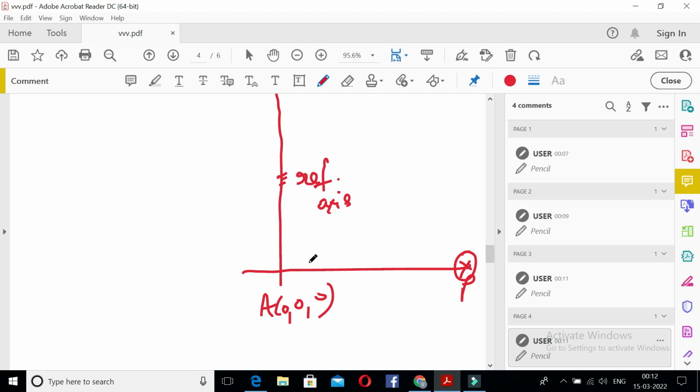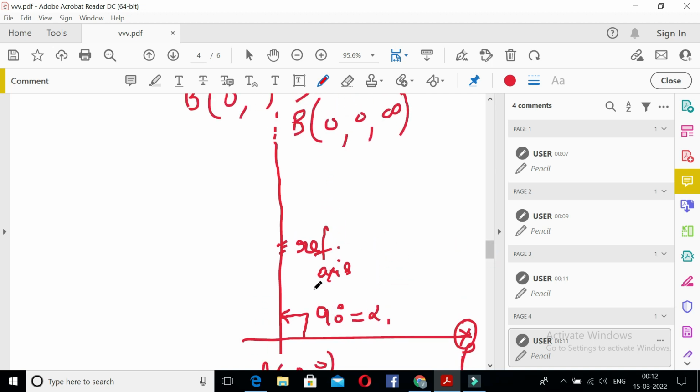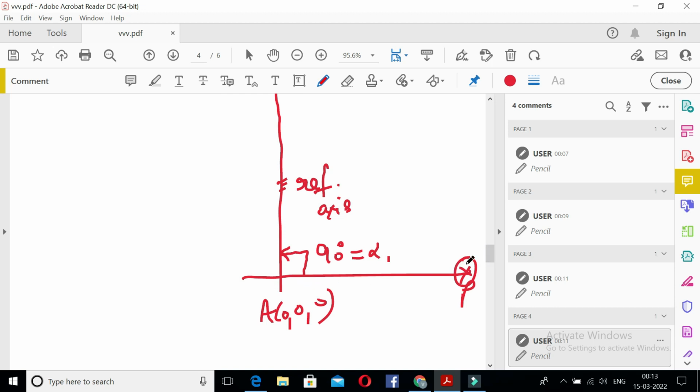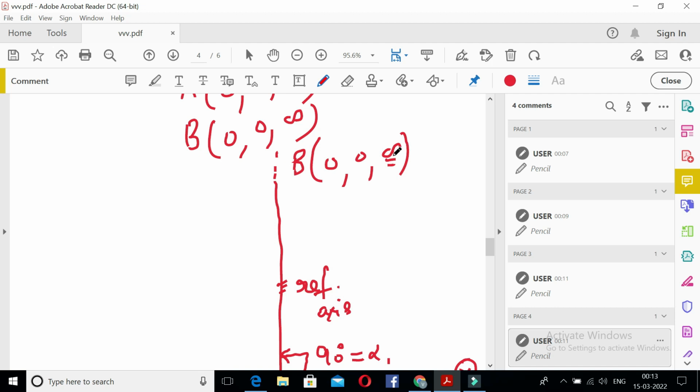All angles will be calculated in anti-clockwise direction. So the angle between this point and the reference axis, anti-clockwise, is 90 degrees. So this is alpha 1, and for alpha 2, B point is in the direction of the reference axis, because B is at infinity. When the point is at infinity, both points are in the same direction. A and P are the same point when P is at infinity. As the distance increases, the points merge.